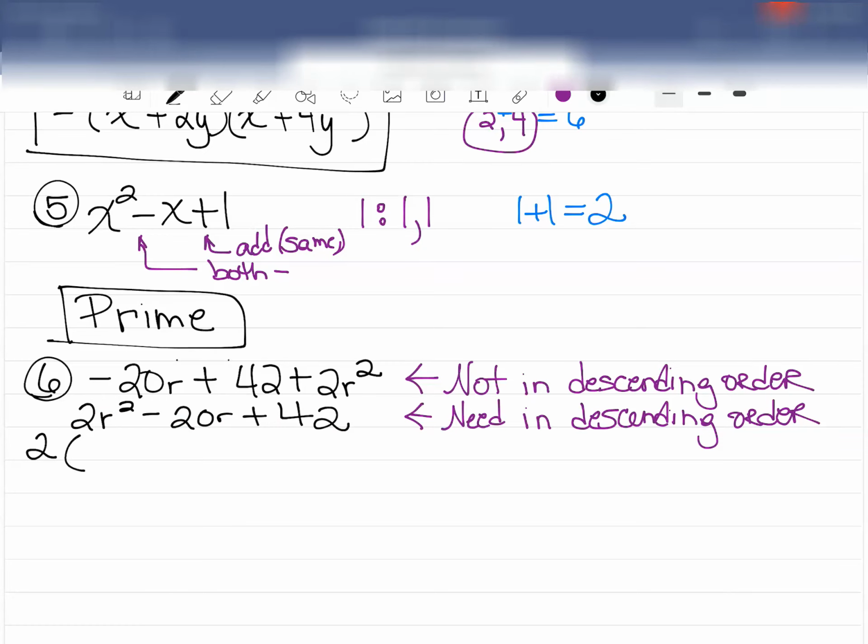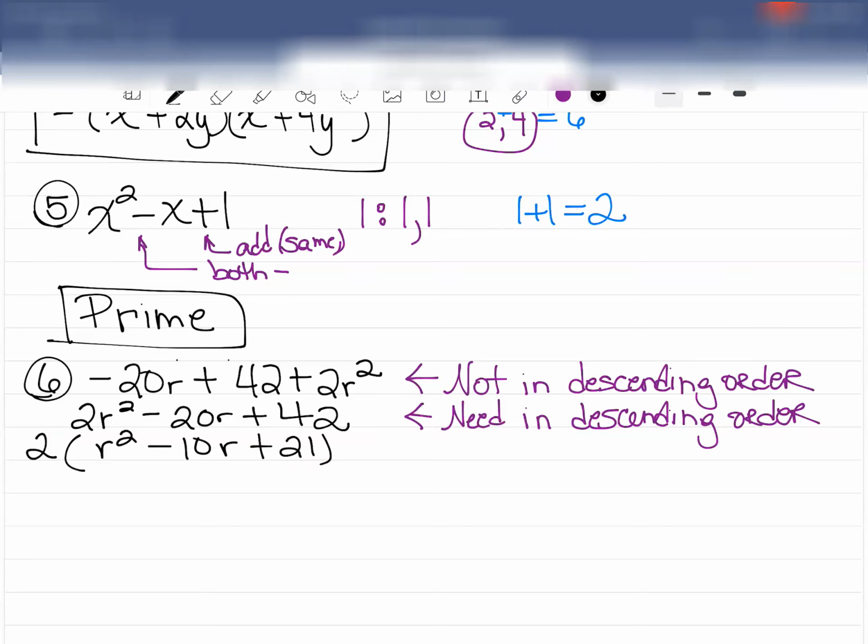When I factor out my 2, in the parentheses, I'm going to get an r squared minus 10r plus 21. That's because 2r squared divided by the 2 gives me the r squared. The minus 20r divided by the 2 gives me a minus 10r. The plus 42 divided by the 2 gives me a plus 21.